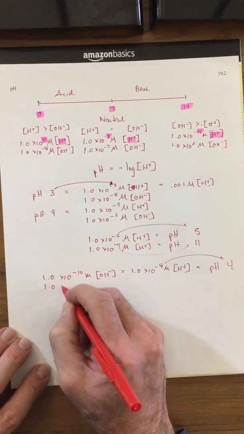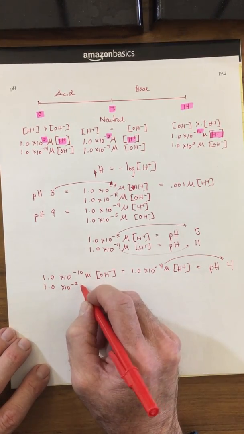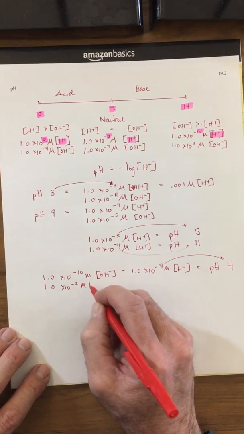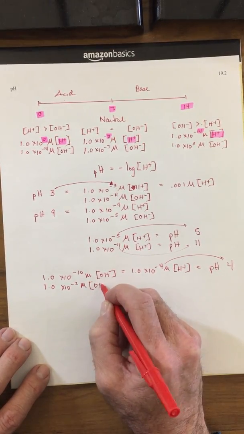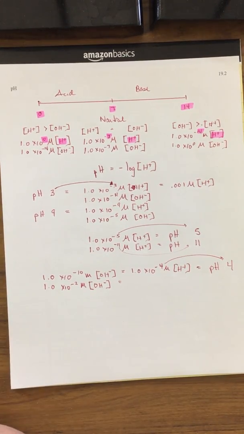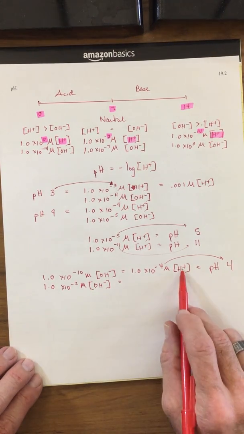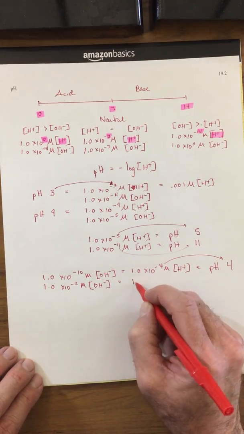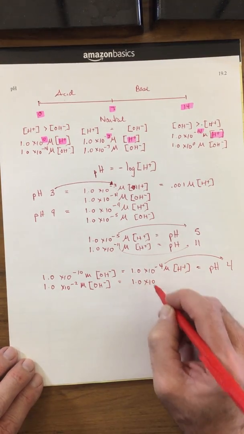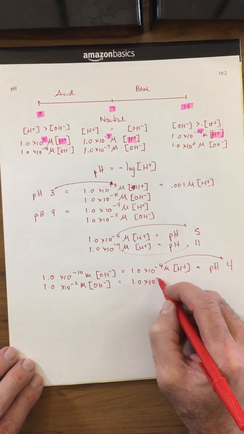Okay, what if you have 1.0, following this example, times 10 to the minus 2 molar of OH minus? What pH will you have there? You first have to calculate the H plus concentration. 1.0 times 10 to the, what's going to add to 2 to make 14?